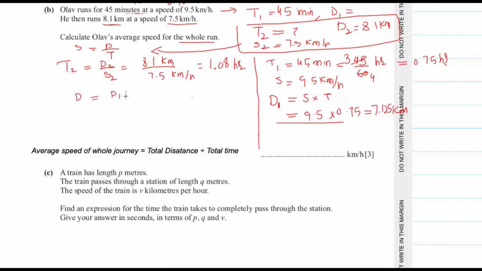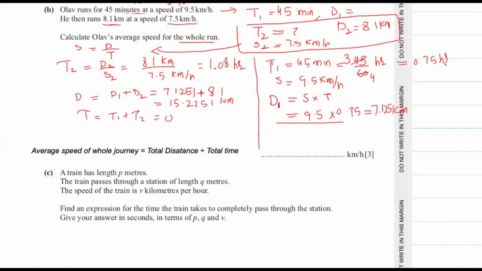D1 here is 7.125 plus D2 here is 8.1, and we can write this 15.225 kilometer, and the time here is T1 plus T2.